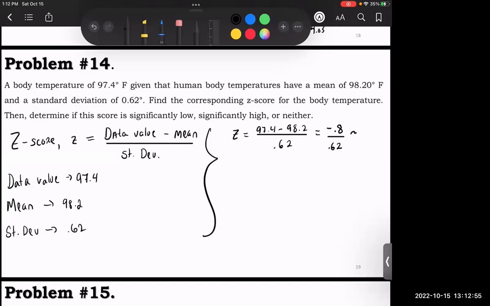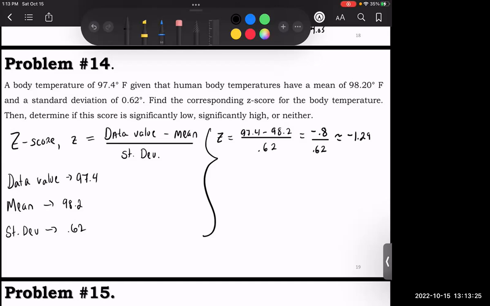With z-scores, just remember that when you're computing them, if rounding is needed, round to 2 decimal places. So what is the value of z that we get here? Negative 1.29. Okay.